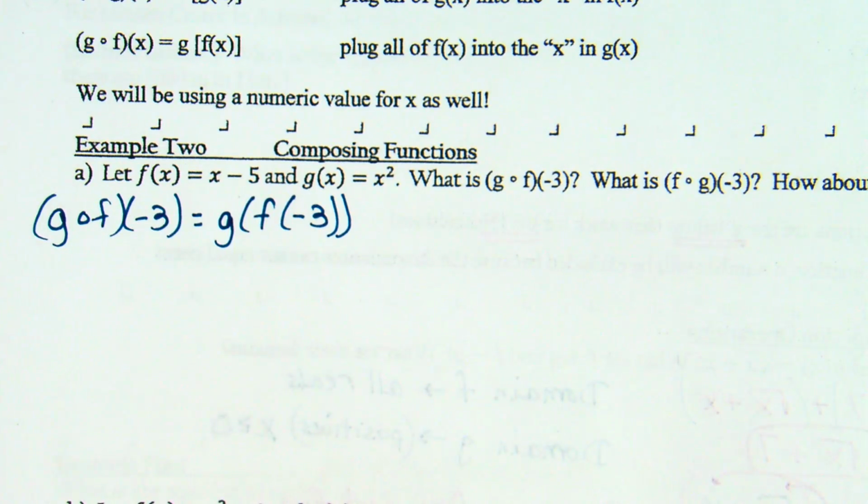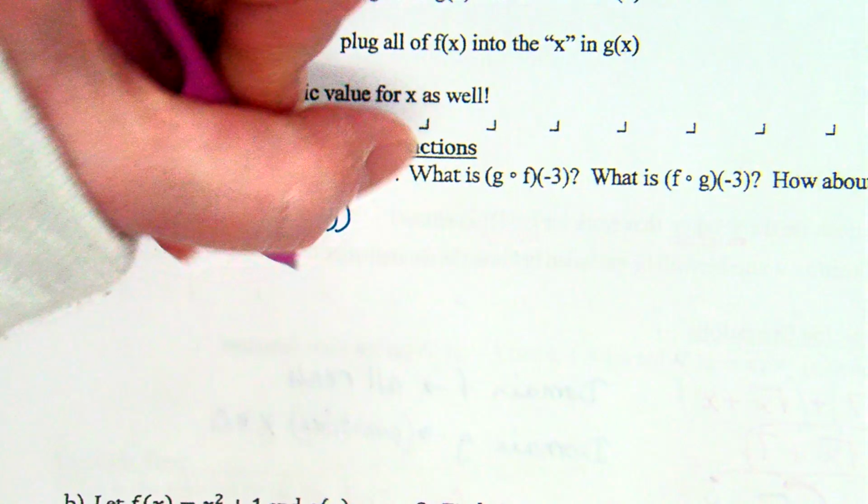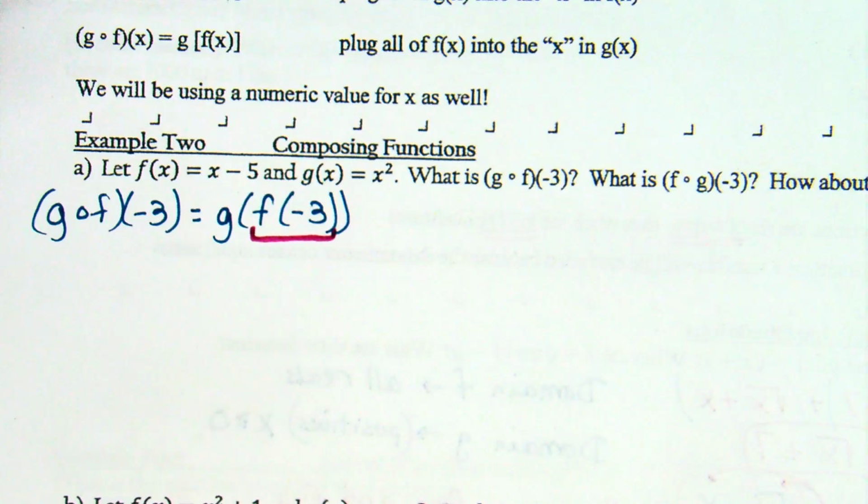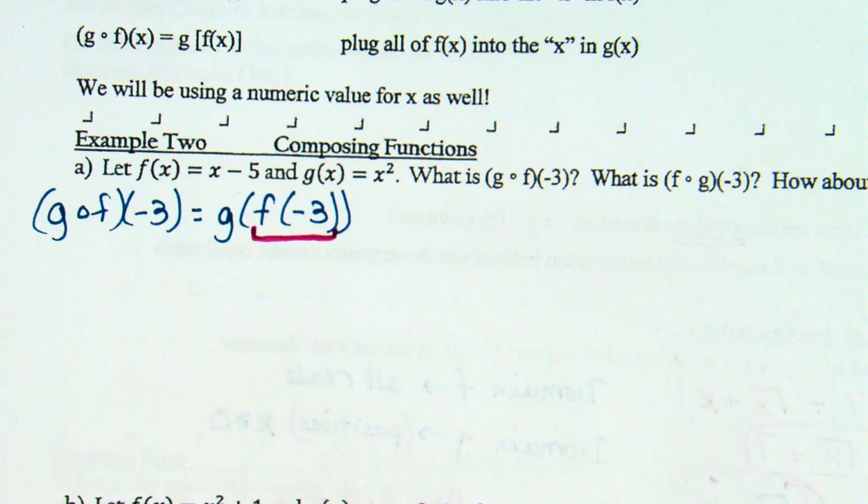Now, like anything, when you see lots of parentheses, where are we supposed to start? On the inside. So the inside piece I want you to look at right now is f of negative 3. Do you remember how to find f of negative 3? I have taught you this year.